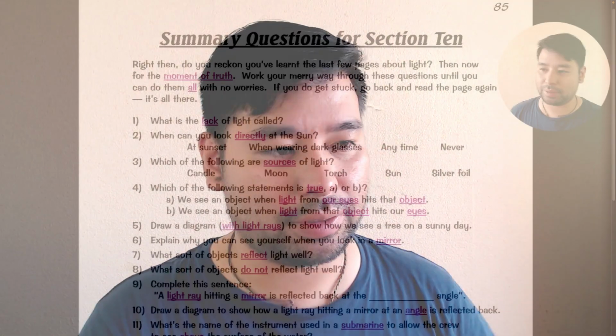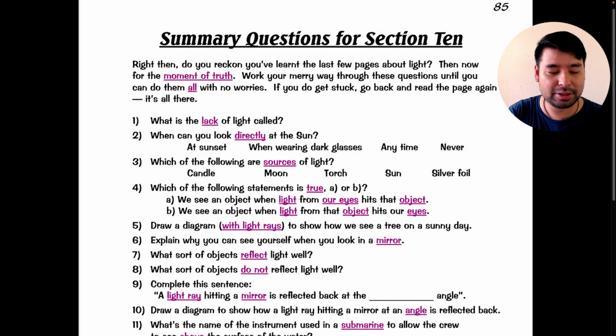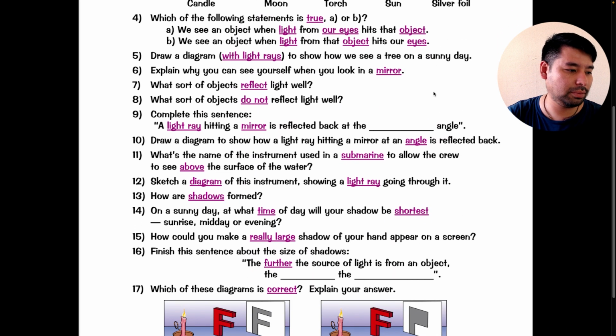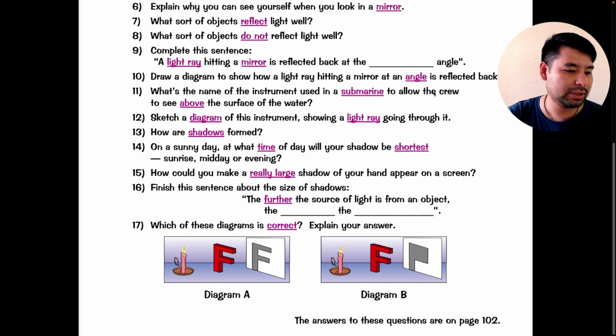Okay, so are you ready to continue? Let's follow me. I'm going to move just a minute to the question page. As you can see, this is page 85. We have 17 questions.